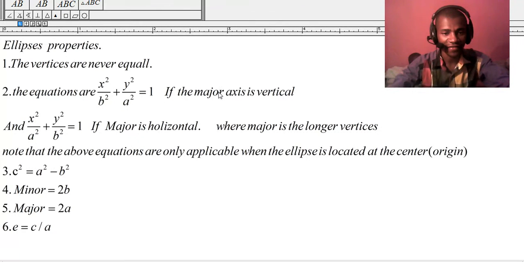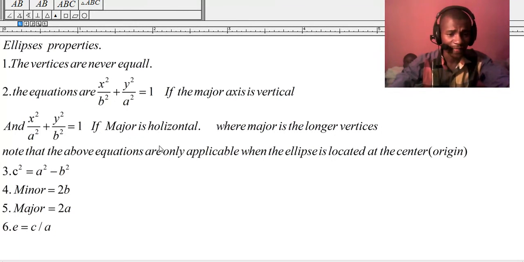But let's first talk about the major. If the major is vertical, then b divides x. But if the major is horizontal, then a is the one dividing x.